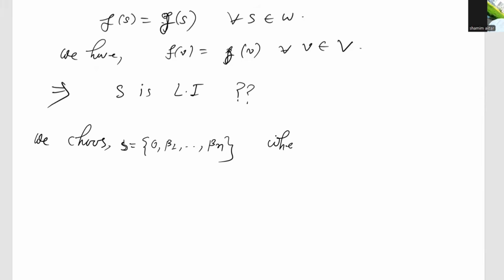We choose S equal to 0, beta 1, beta 2, ..., beta n. Here beta 1, ..., beta n is a basis of V. Now we choose S as follows.